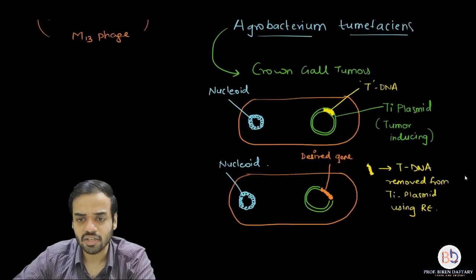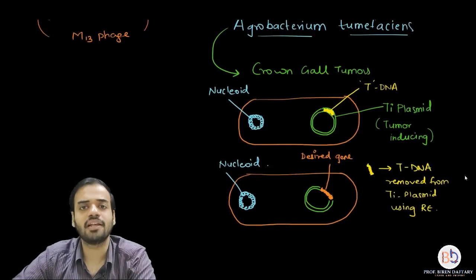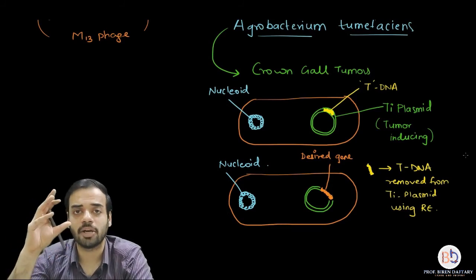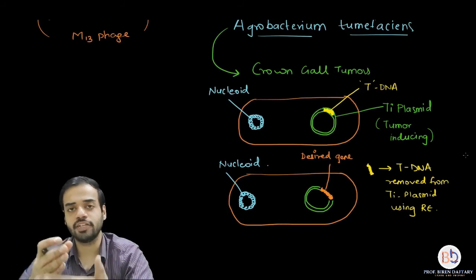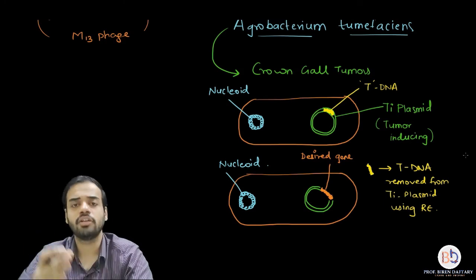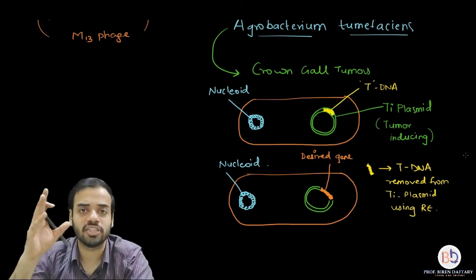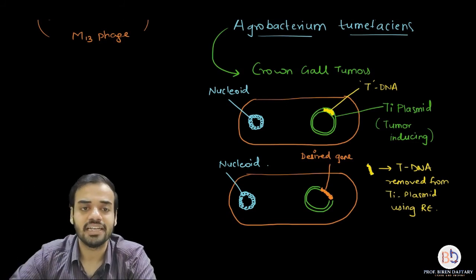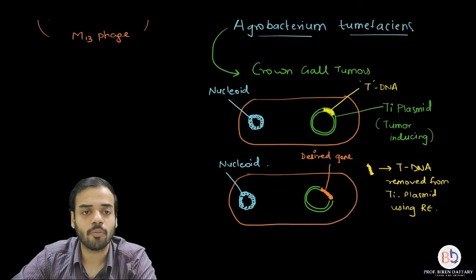Is this clear? Okay, so now we are going to start with the last part in today's lecture, and that is going to be the last biological tool which is used. So we have finished with the restriction enzymes, we have finished with cloning vectors. The last biological tool which is required for recombinant DNA technology is called a competent host.